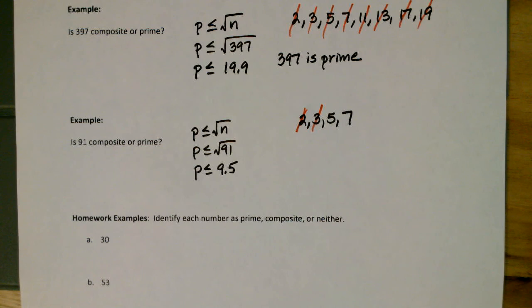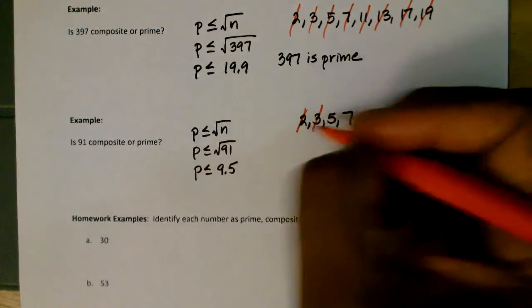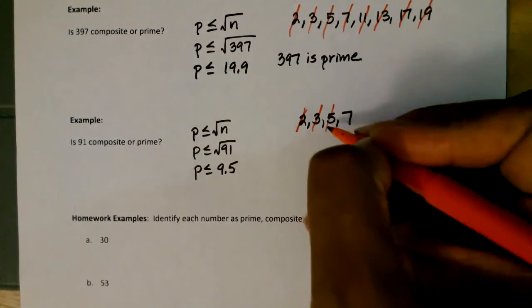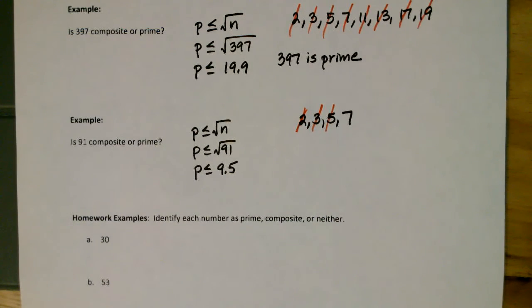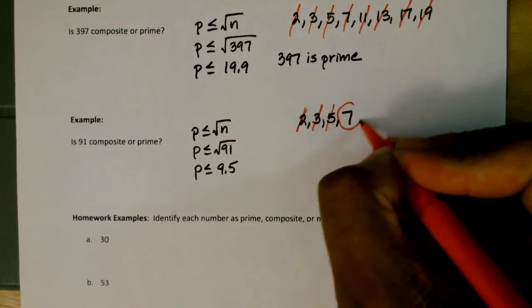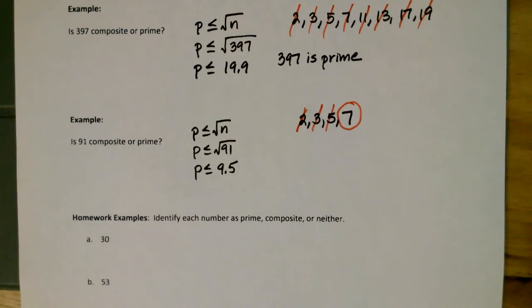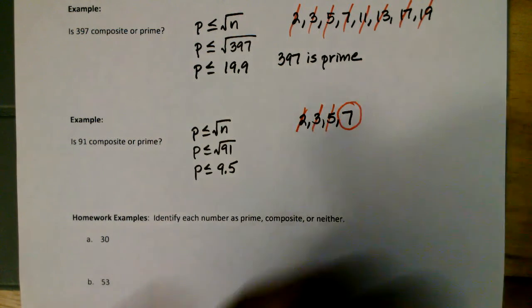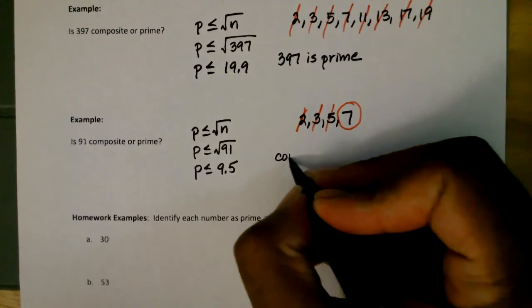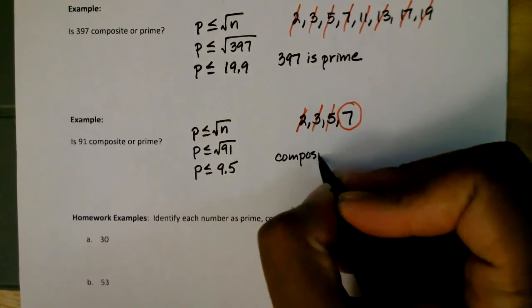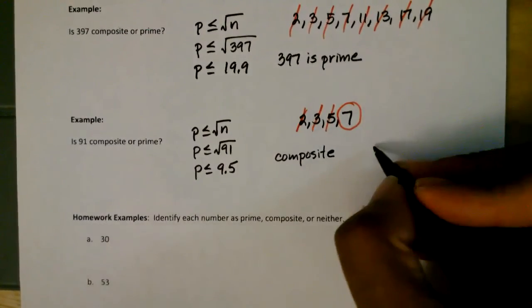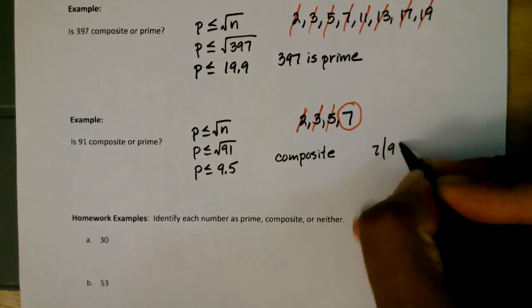Of course, 91 divided by 5, well, I already know this does not end in a 5 or a 0, so that's out. 91 divided by 7 would be 13. Okay, because at 7, I get a 0 remainder. So that means that 91 is composite. The reason for that is that 7 does divide 91.